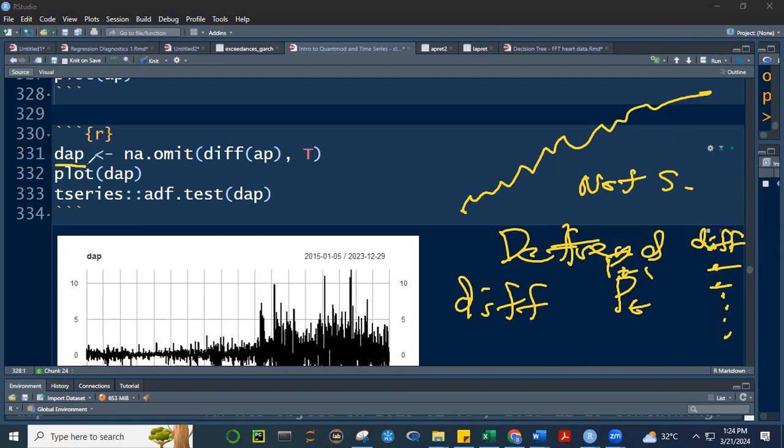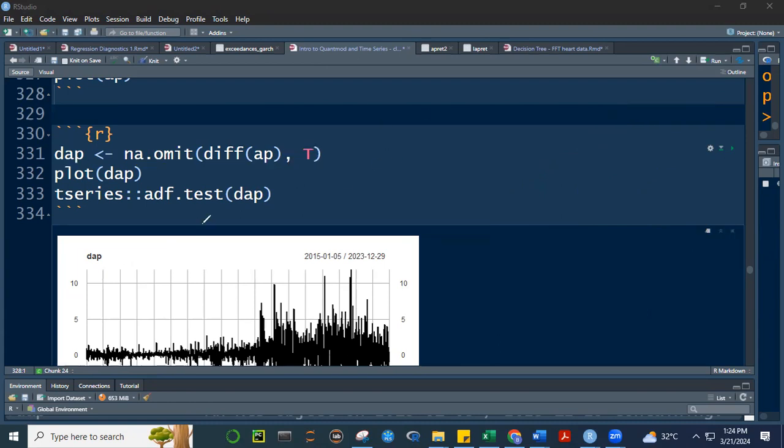Okay, so this is what happened here. What I did a while ago was to difference our AAPL, with na.omit equal to TRUE to remove the missing values. And then I plotted it, class. And then I got the ADF test. I got the augmented Dickey-Fuller test to see if this is a stationary time series.